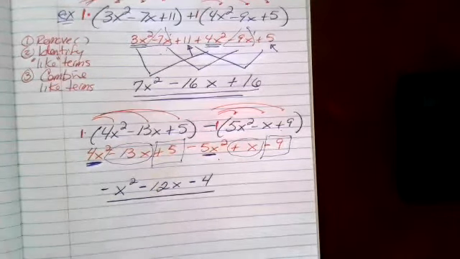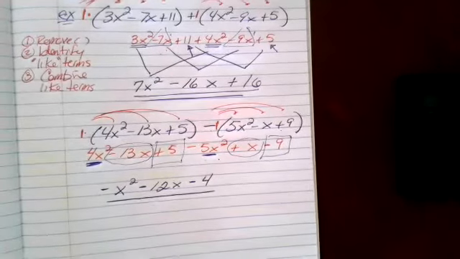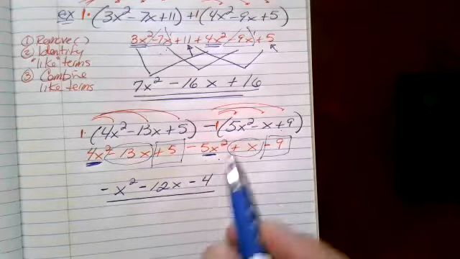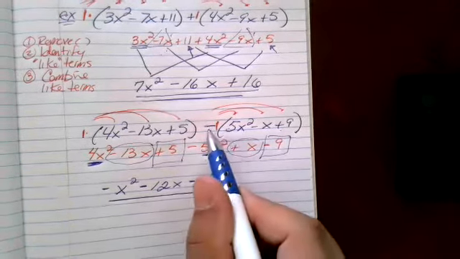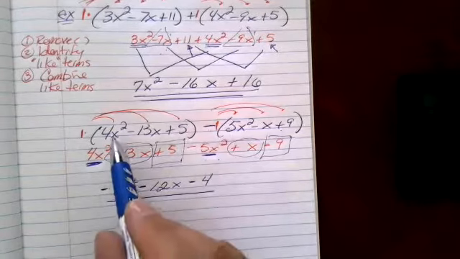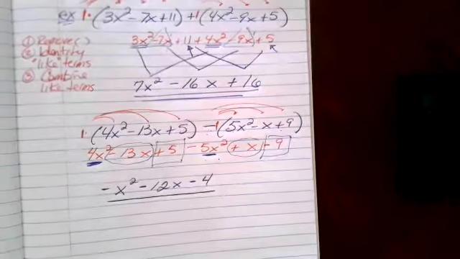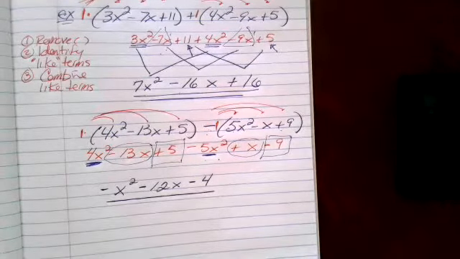Oh, I put 4x squared minus and then negative. I saw that as -5x squared. It wouldn't be minus negative, right? Unless that was a negative there, then it would be minus negative. But that's just 4x squared minus positive, right? Okay. We're good? Okay.